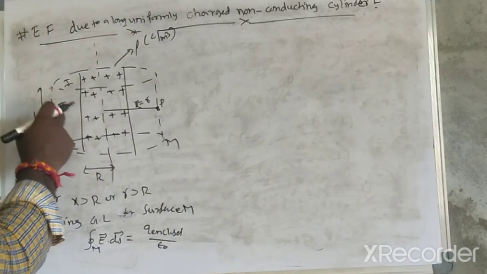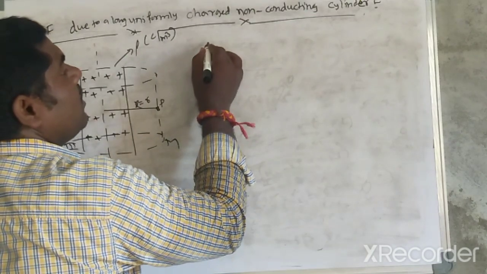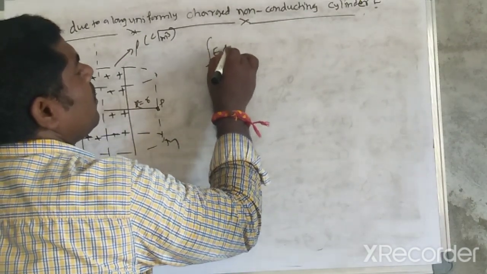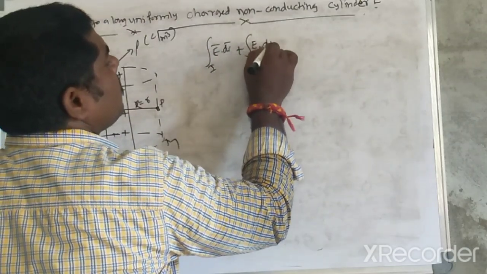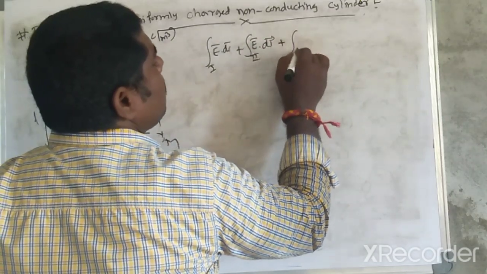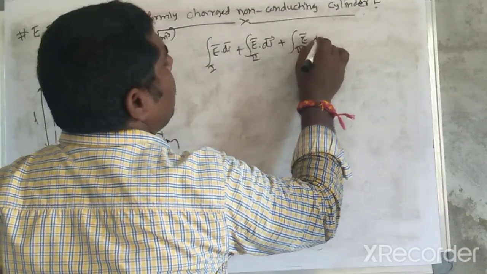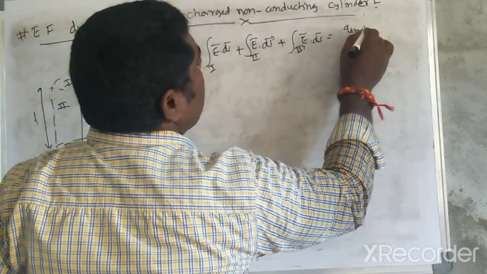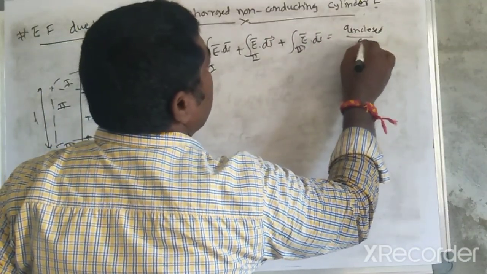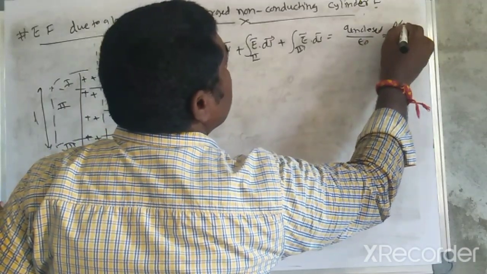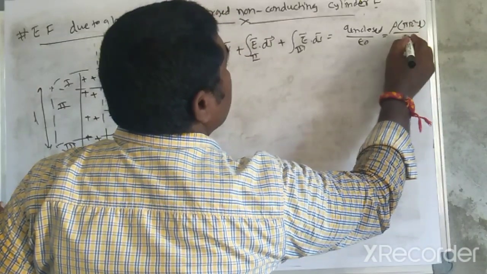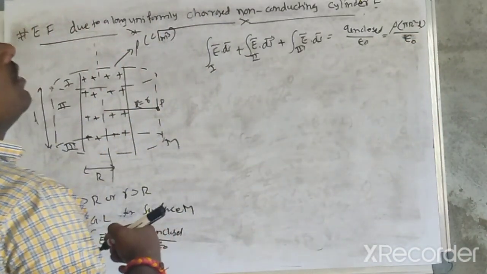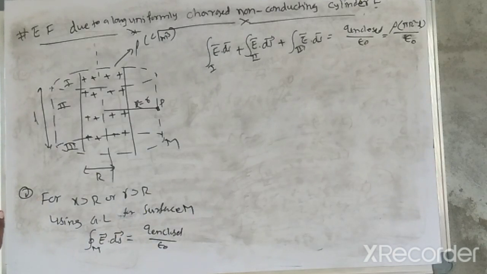Only the second surface exists, as we already discussed previously. So the total electric field at the first surface plus the second surface plus the third surface, E bar ds bar, is equal to Q enclosed by epsilon naught, which is equal to density into pi r square into L by epsilon naught. Enclosed charge is equal to charge density into volume, volume being area into length, area being pi r square.